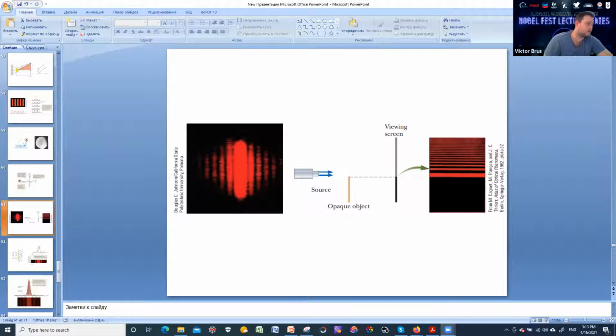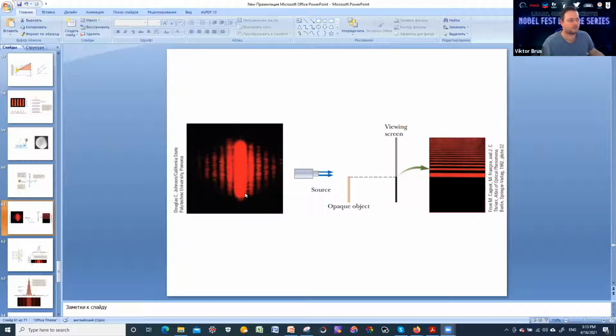However, it's not limited only to this part; we see a set of bright fringes at different distances, at different angles from the original projection of the slit. So it means that there is some wave effect happening in the interaction of the electromagnetic wave and the slit.